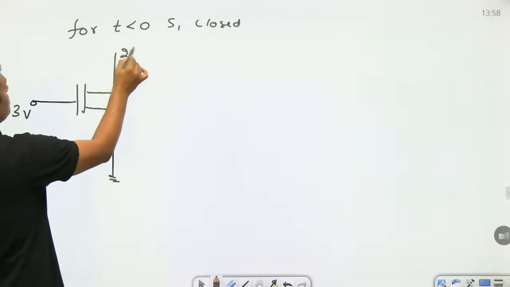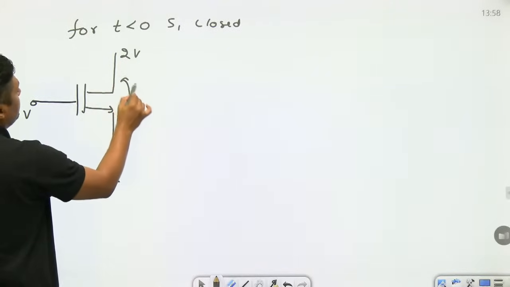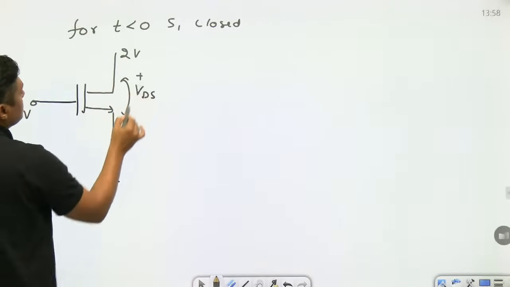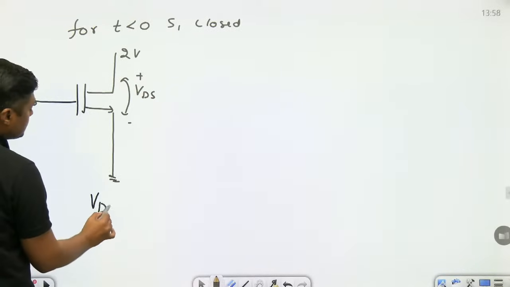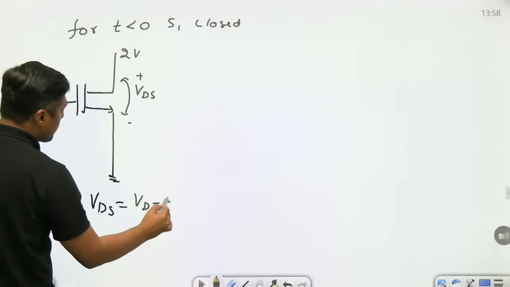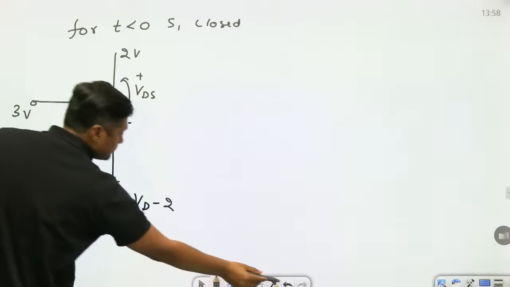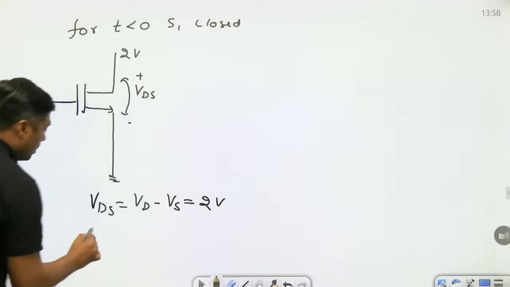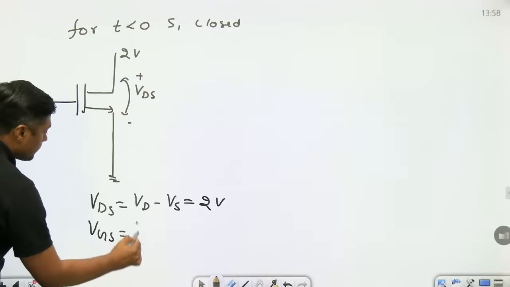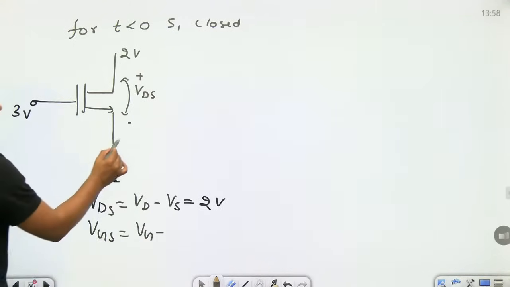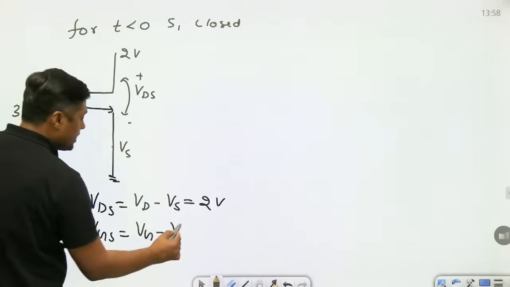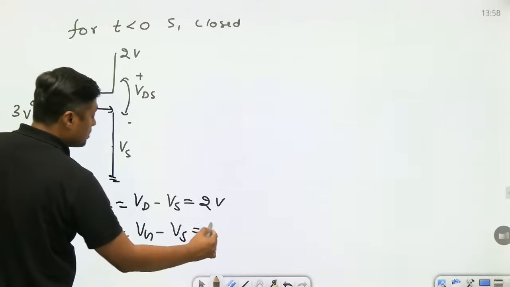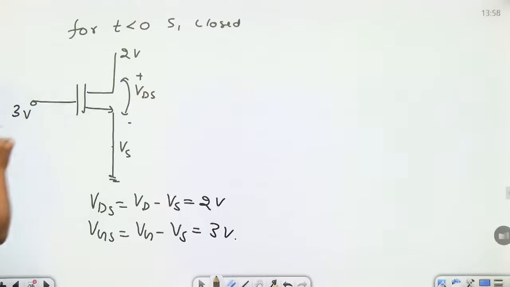What is the value of VDS? VDS is nothing but VD minus VS, that is 2 volt. What is the VGS? VG minus VS. VS is 0, so VGS is 3 volt, because VG is given as 3 volt.